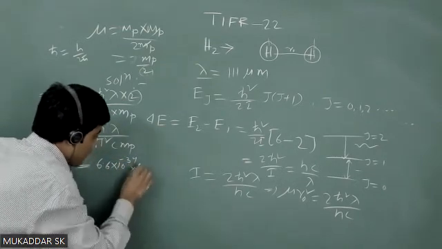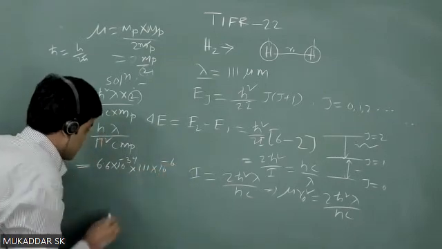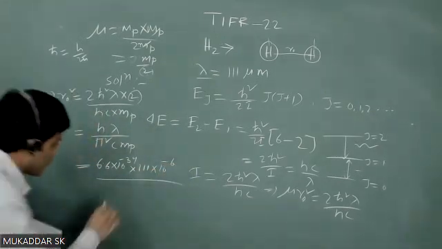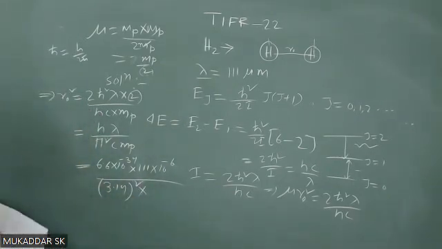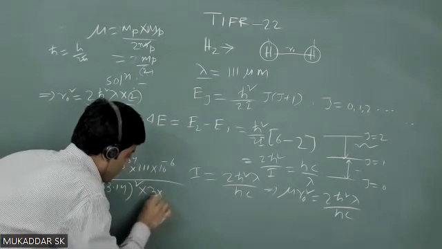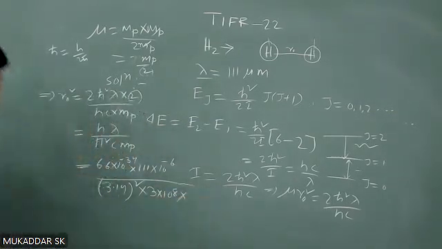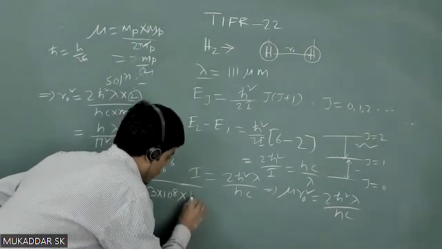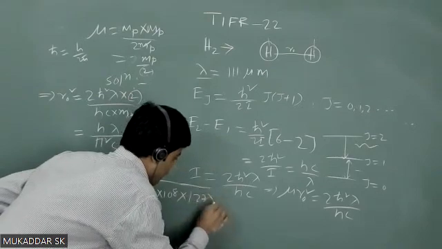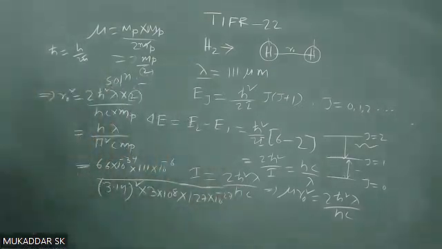Lambda is given as 111 micrometers, so in meters it will be 10 to the power minus 6. Pi square means 3.14 squared. Then you have c, which is 3 into 10 to the power 8. And then you have Mp, which we know is 1.27 into 10 to the power minus 27 kg. So this is your r naught square.